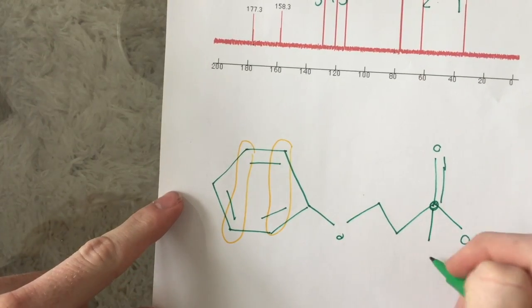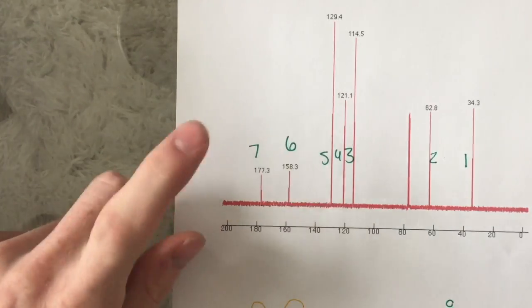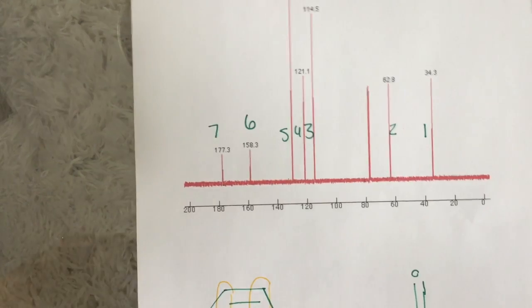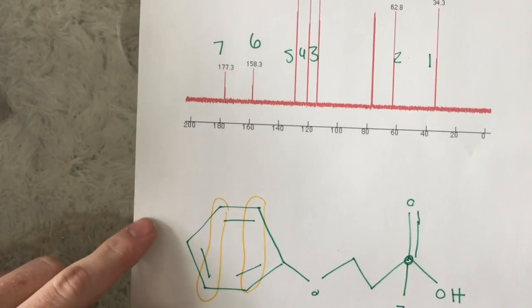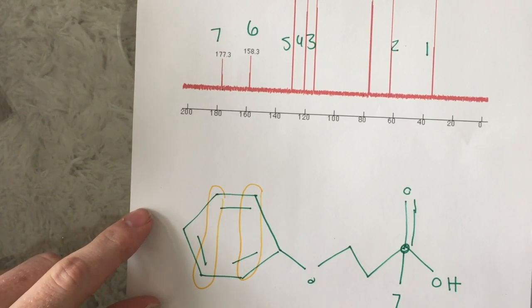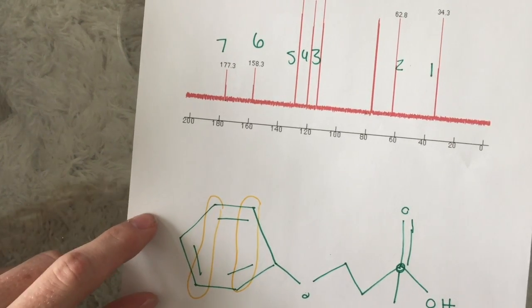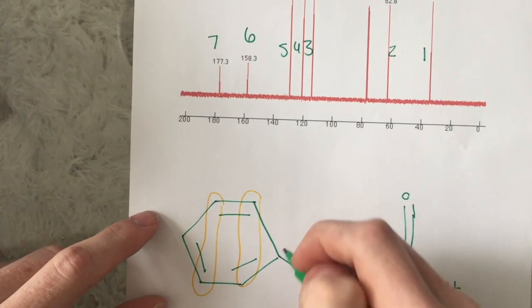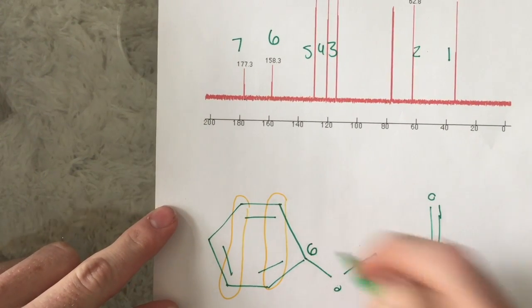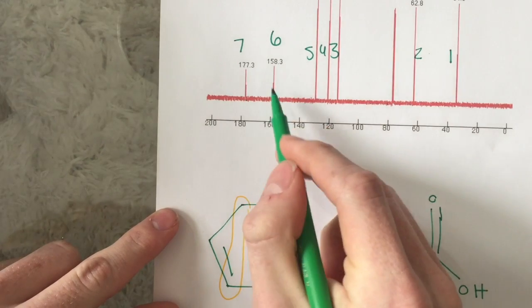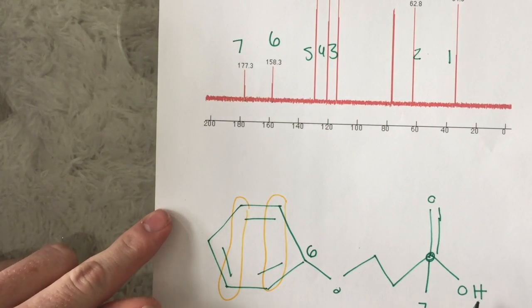This is going to be the most de-shielded, so this is going to be the 7th peak over here. And going off of another one that would typically be closest to an oxygen, this one over here, we're going to label as 6. Again, it corresponds to the 6th peak.